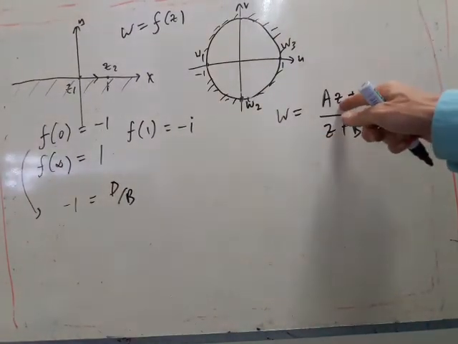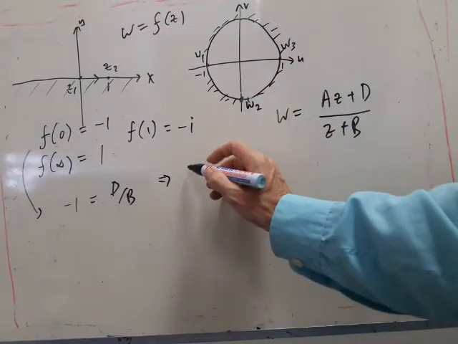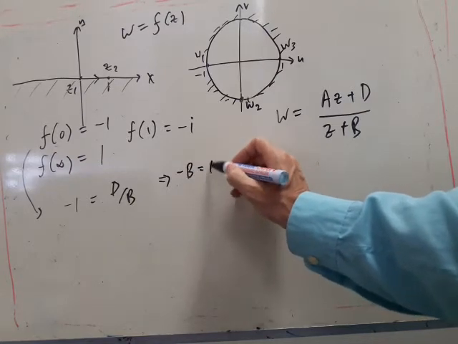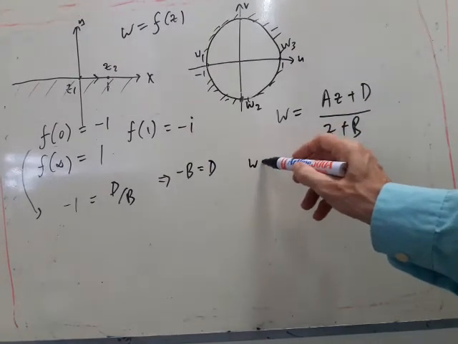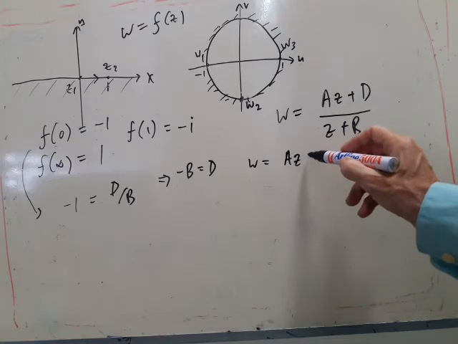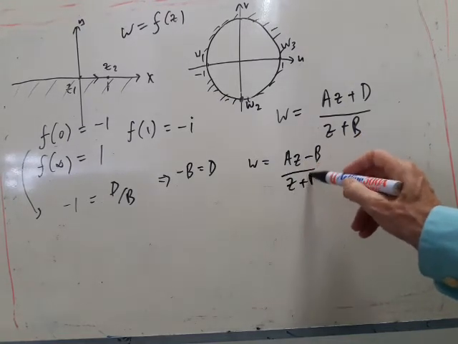So therefore d equals minus b, and we can rewrite this as az minus b over z plus b.